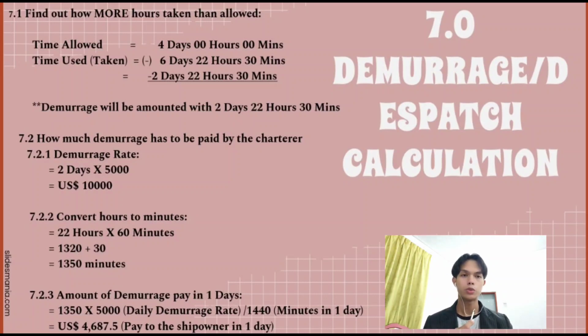And the final step is the demurrage payable for the remaining time: the total 1,350 minutes times the 5,000 demurrage rate per day, divided by 1,440 minutes in 1 day, equals US dollar 4,687.5 that the charterer has to pay to the ship owner.